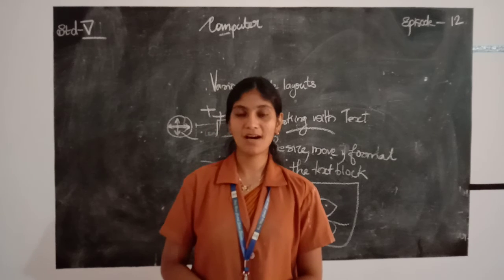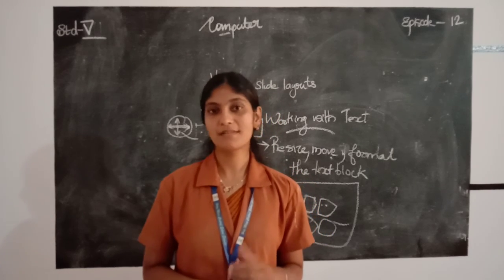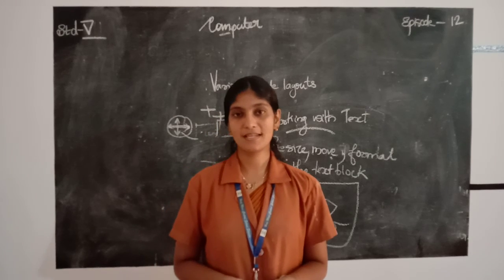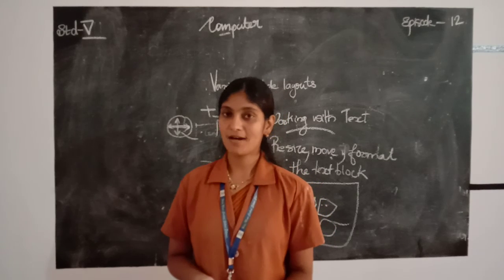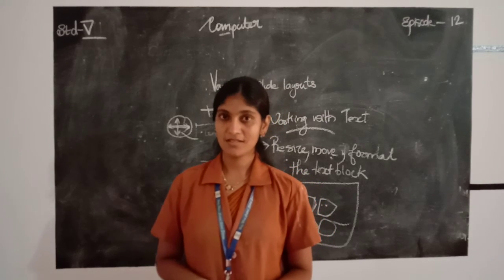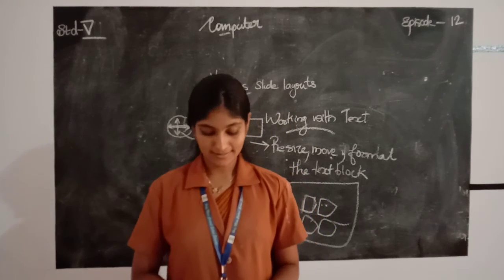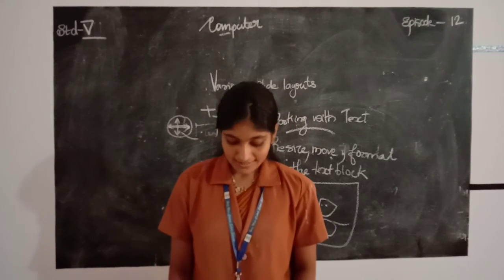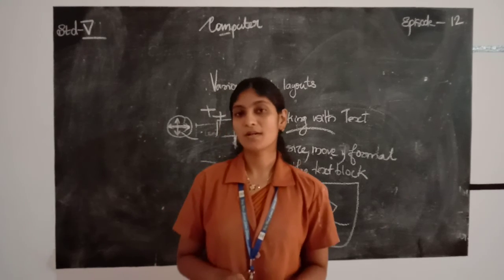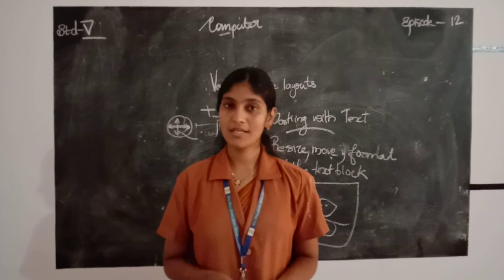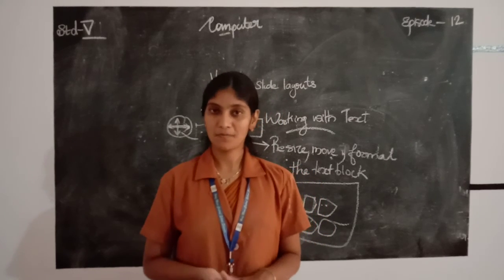The next is SmartArt. SmartArt is the visual or graphical representation of your information. You can insert SmartArt to convey your information to a large number of audiences. For changing the SmartArt color scheme, you can select or double click on that SmartArt, go to the Design button and then change to your appropriate color.